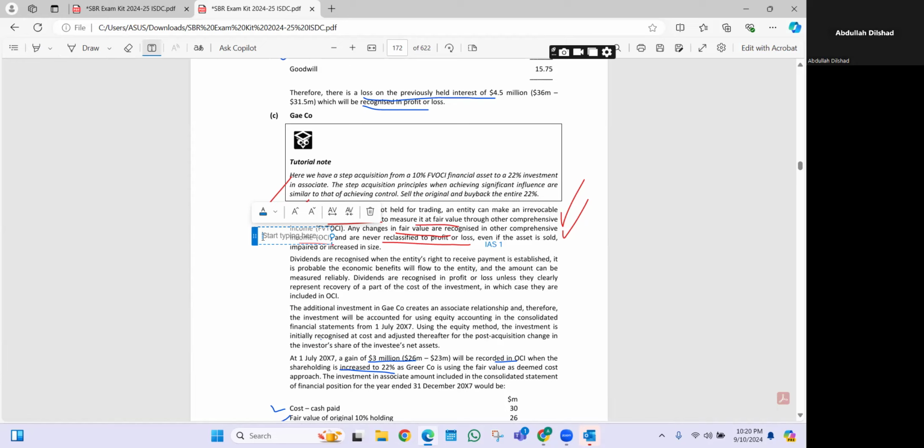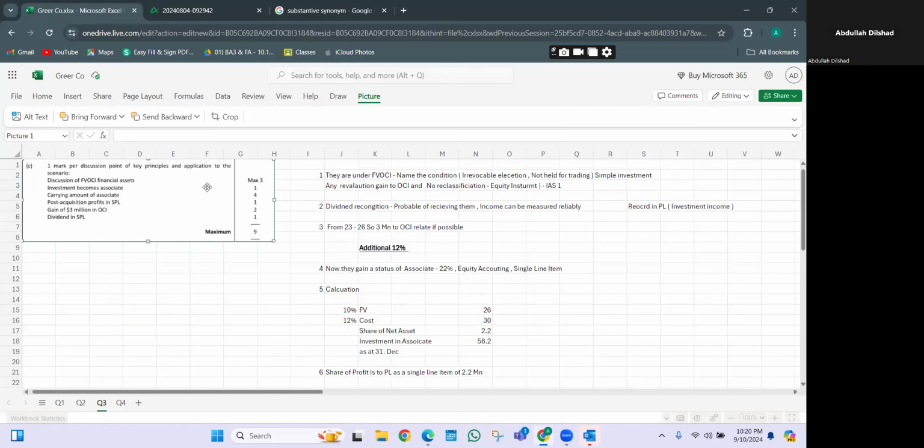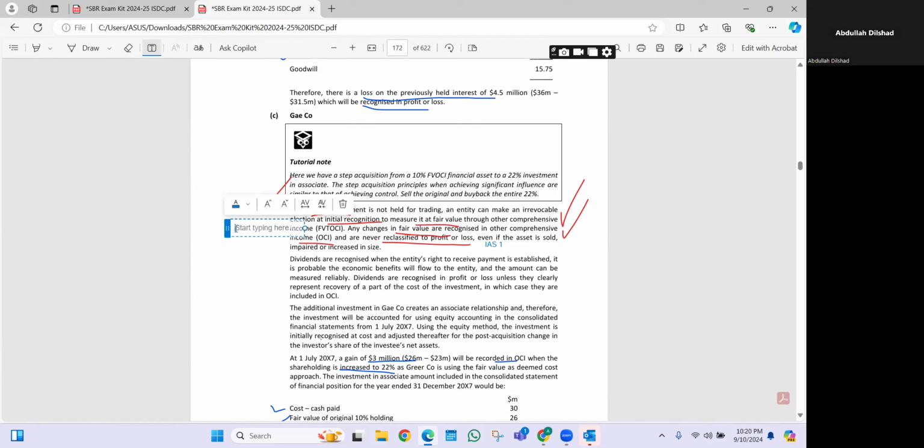The best example for non-reclassification is any equity instrument. Any equity instrument will not be reclassified. That's all you need to know. So if I mention this, you'll be getting 1 mark.